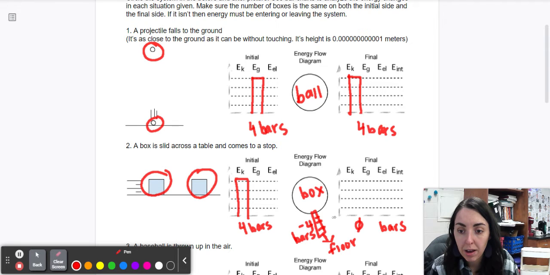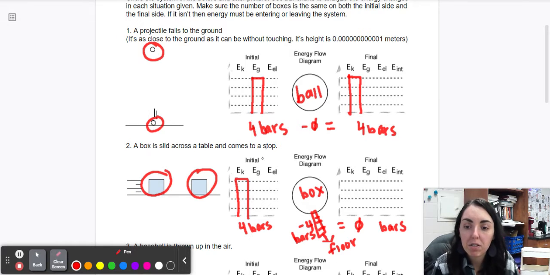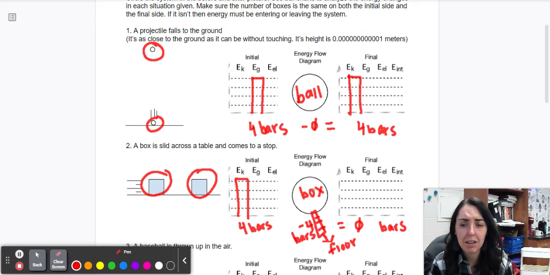So 4 bars minus 4 bars equals 0 bars. In this case, 4 bars minus 0 bars equals 4 bars. So we want to make sure that the beginning adds up to the end, but maybe there's some energy transfer in or out of the system. That's called work, when an object transfers energy in and out of the system. So the box is working on the floor in this case.